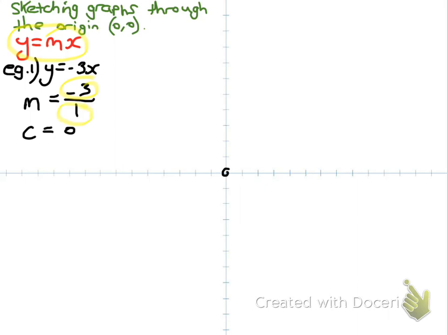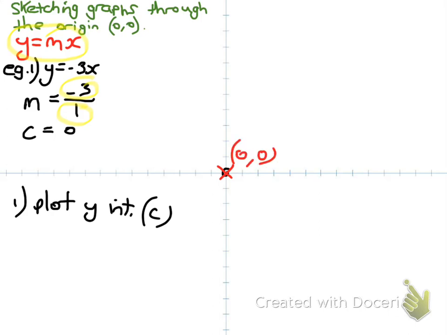So when it comes to sketching, step 1 is plot the y-intercept, or the c. So I go to my graph and I plot the y-intercept. I know it's 0, and I plot it, and I label it, because it's a point, 0, 0.